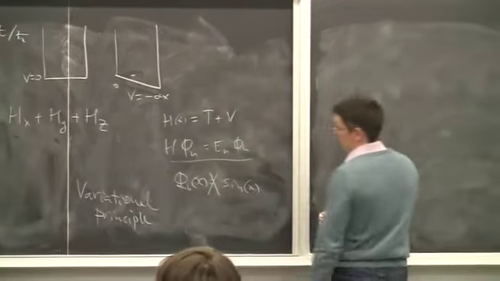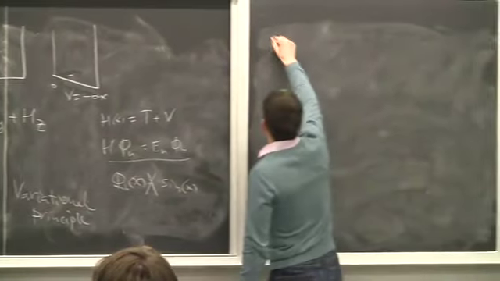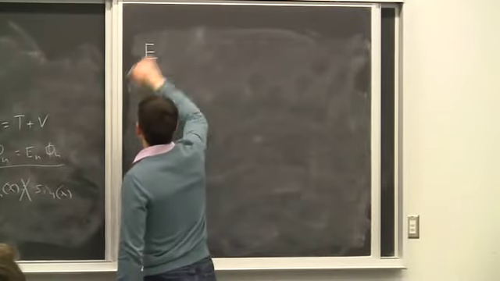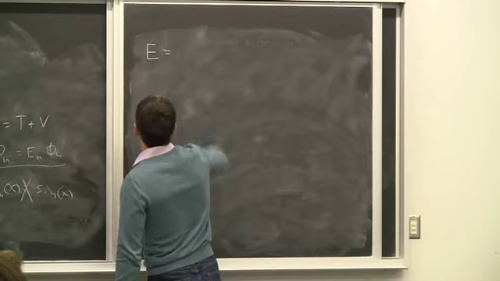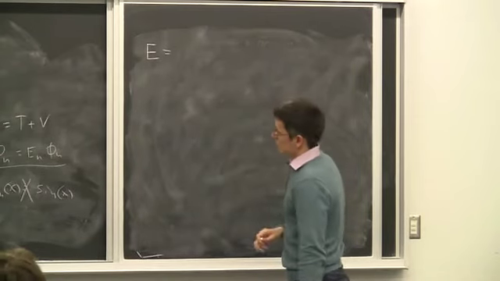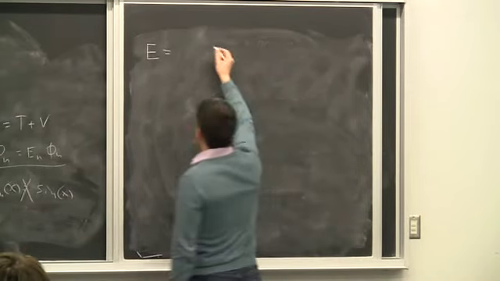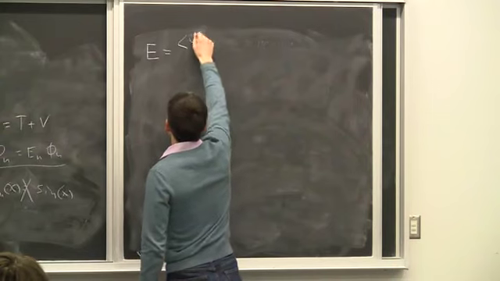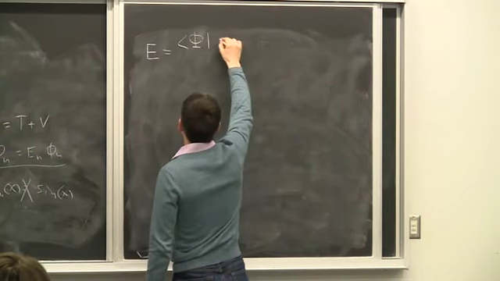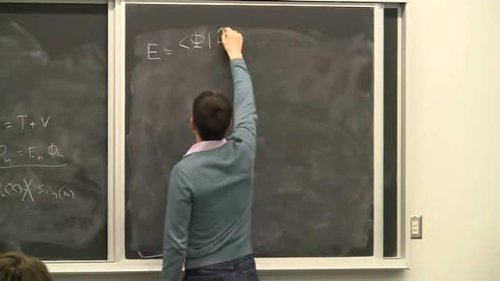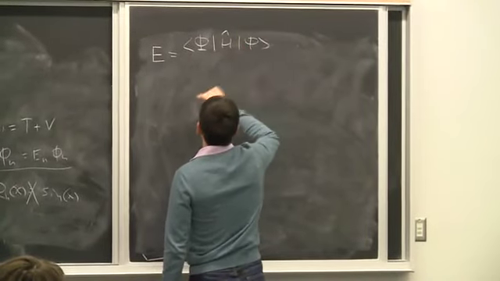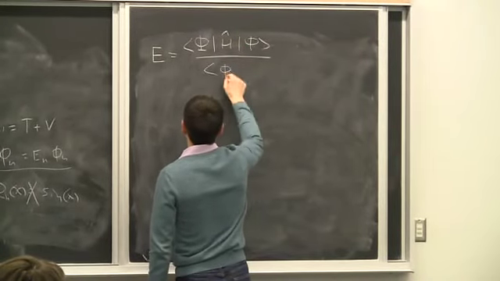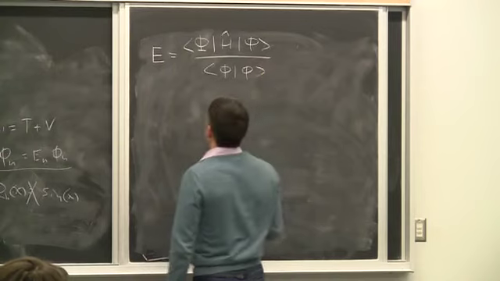The variational principle says that if you create such an energy, where you put any random function phi, the Hamiltonian acting on the same function phi, divided by phi, right?